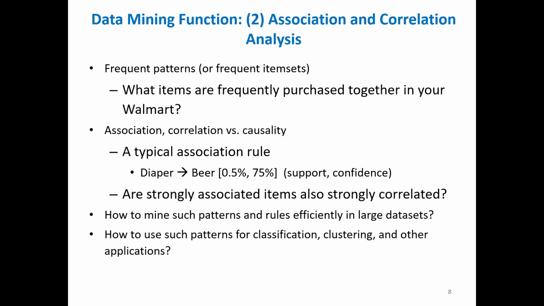Now, the second very important thing that we can do with data mining is association and correlation analysis. You may have heard of a term, market basket analysis. So what is market basket analysis? I take one example: we go into any supermarket and want to purchase something. What is the general trend here?